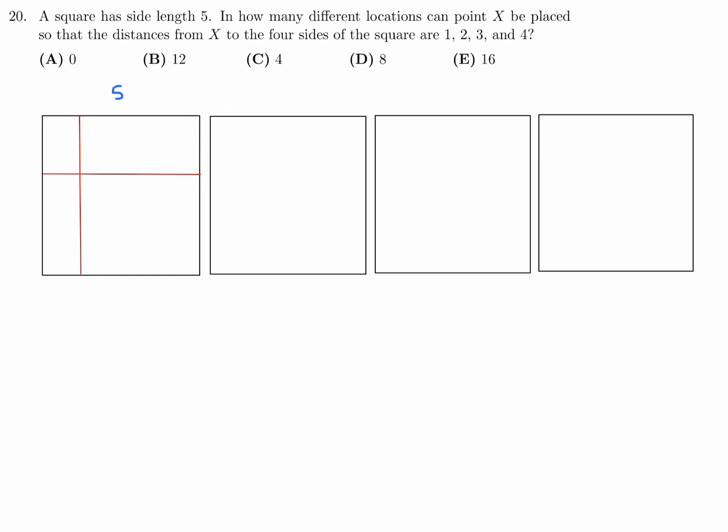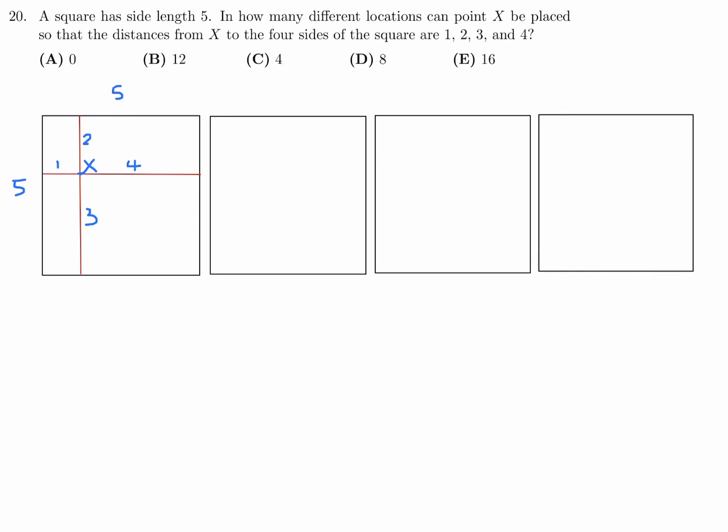So if I chop it up into 1, 4, 2, 3, like this would work. This point would be my X right there, and that X is 1 from this side, it's 4 from this side, it's 2 from this side, and 3 from this side. So that works. I've got 1 so far.